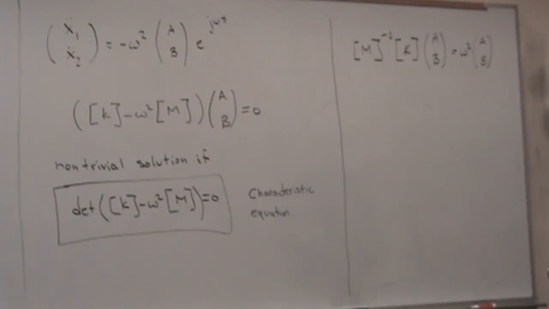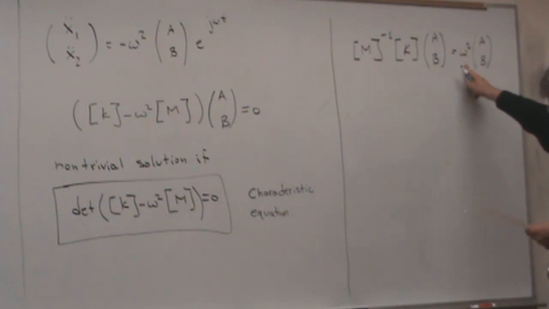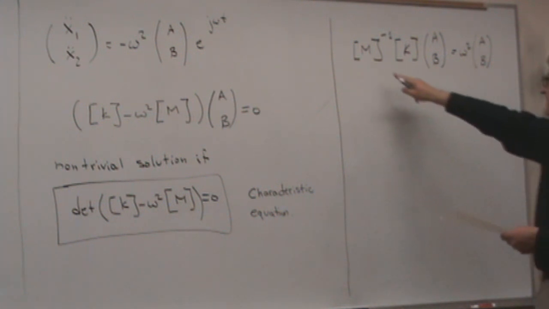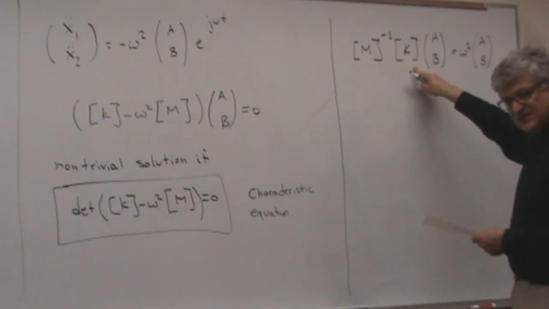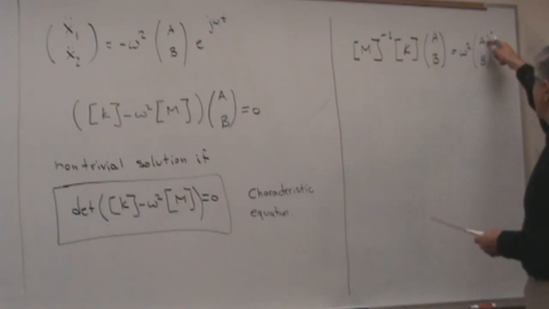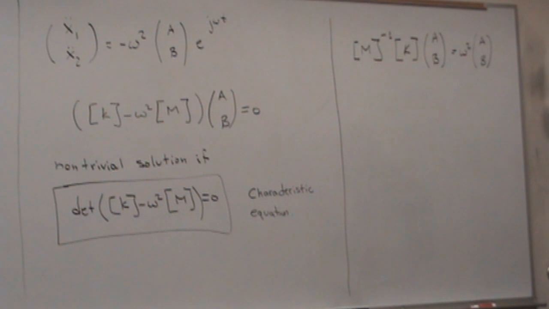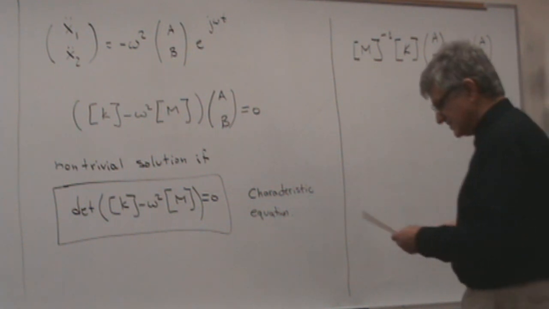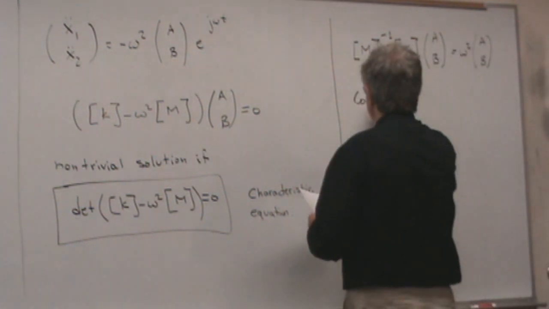Now, what this means is, if we remember eigenvalue problems in linear algebra, that omega squared is an eigenvalue of this matrix, and AB, this vector, is the eigenvector. So here is the conclusion.